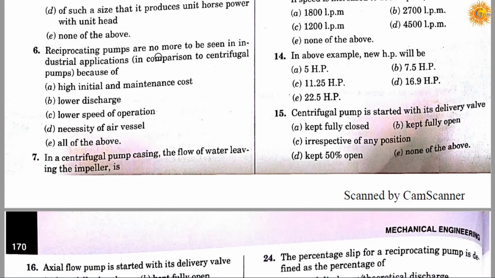Reciprocating pumps are no more to be seen in industrial application in comparison to centrifugal pumps because of option A, high initial and maintenance cost, option B, lower discharge, option C, lower speed of operation, and option D is a necessity of air vessel, and option E is all of the above. So the correct answer is A, high initial and maintenance cost.